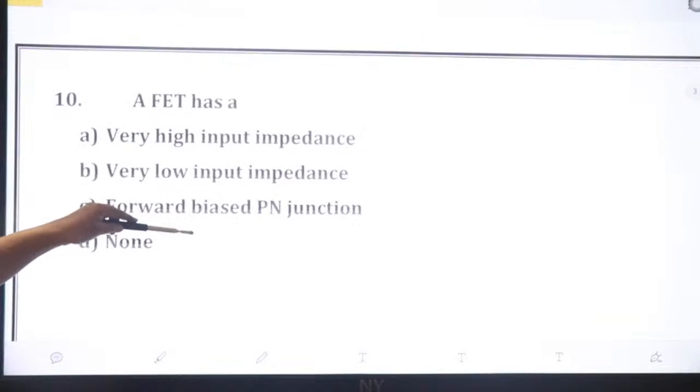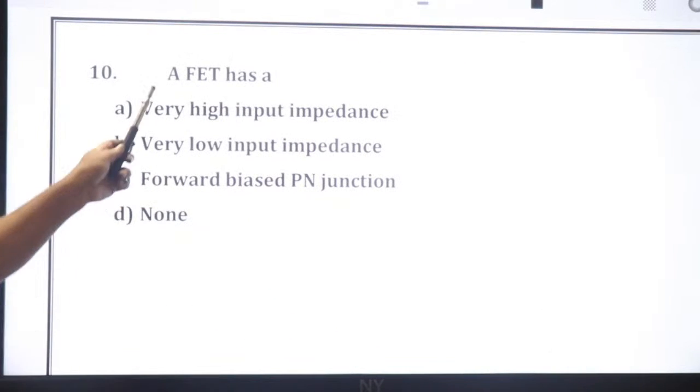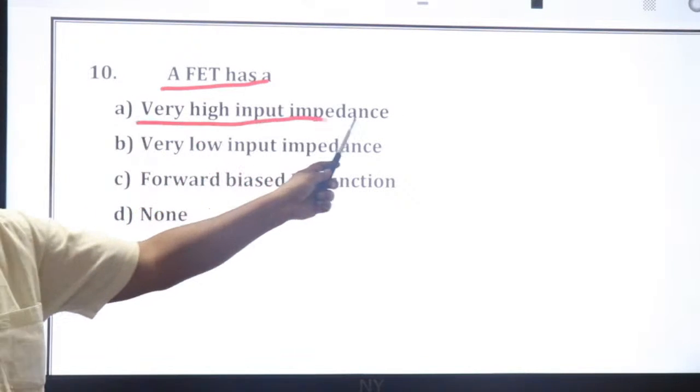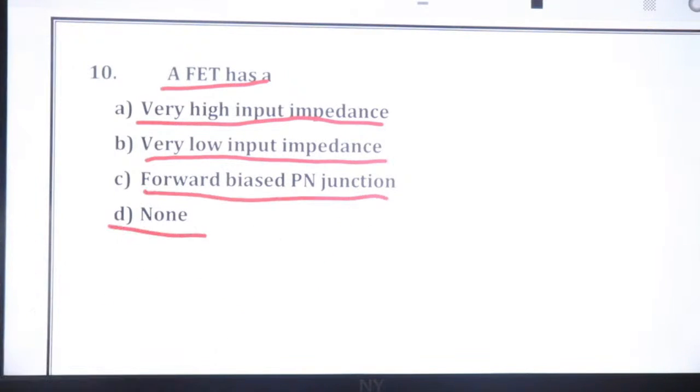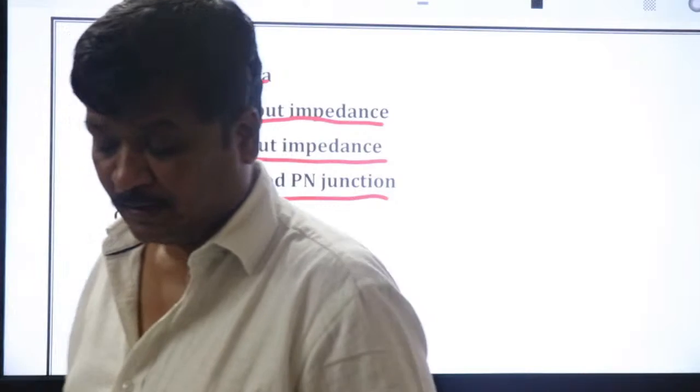Next two. Now see here. A FET has a very high input impedance, very low input impedance, a forward biased PN junction, or none of these.